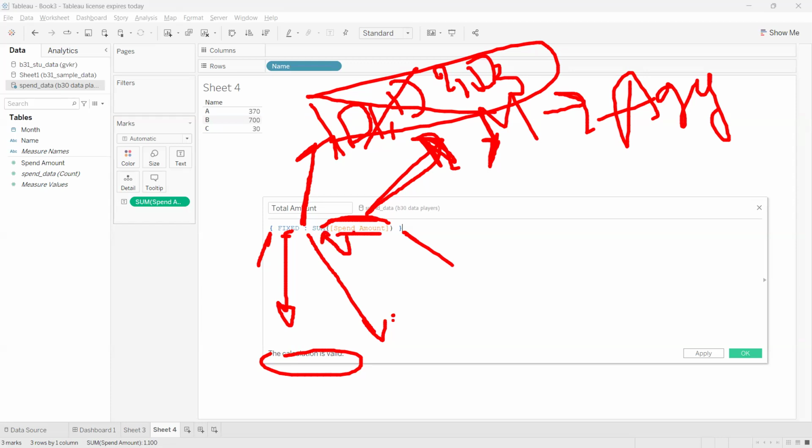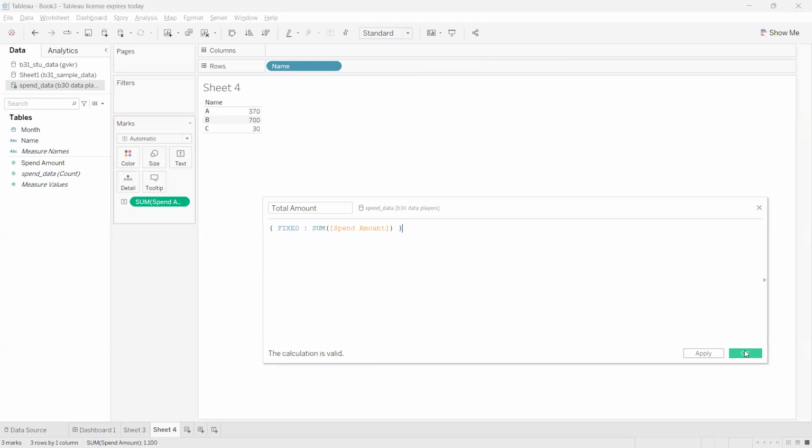So this measure is aggregated using the sum function. In real time, based on the requirement, you can use the min function, max function, count distinct function, any function you can use. Hope you understand. Now let's click on OK.